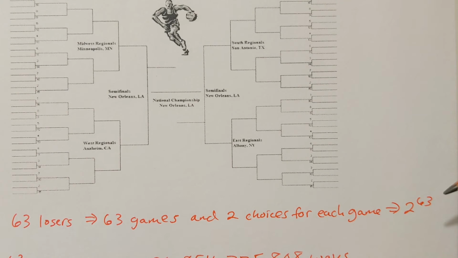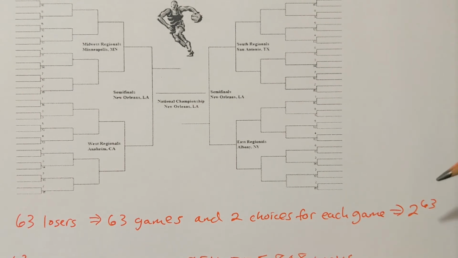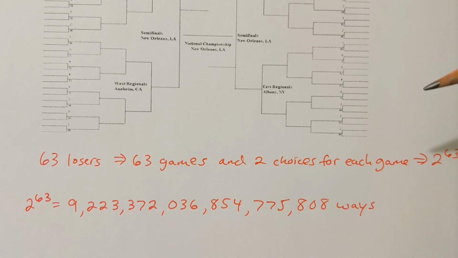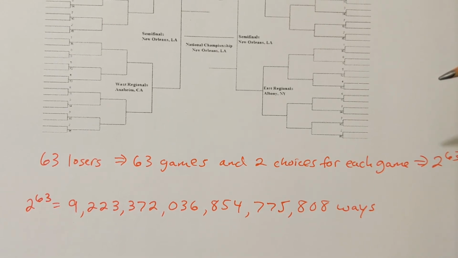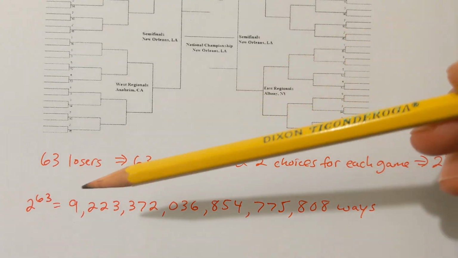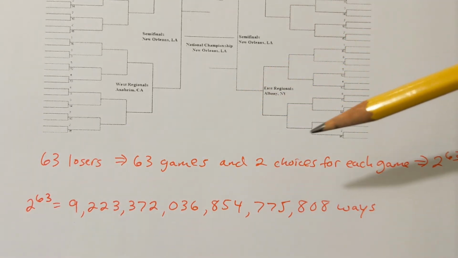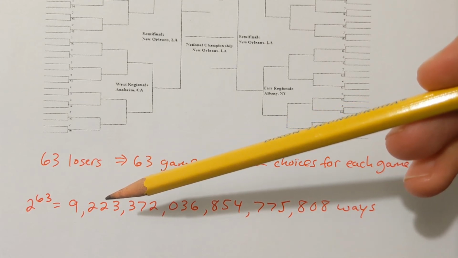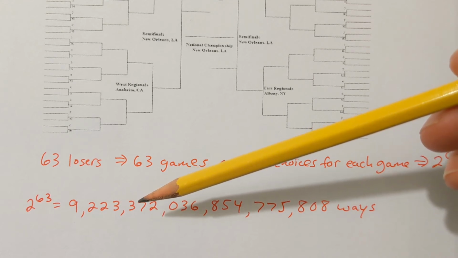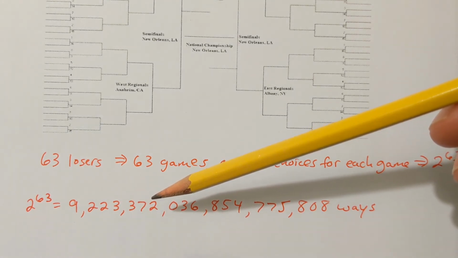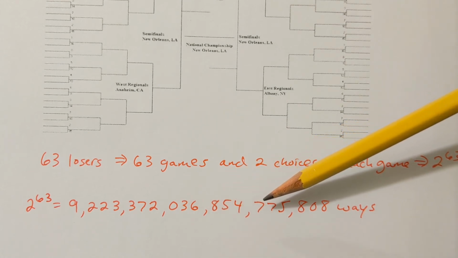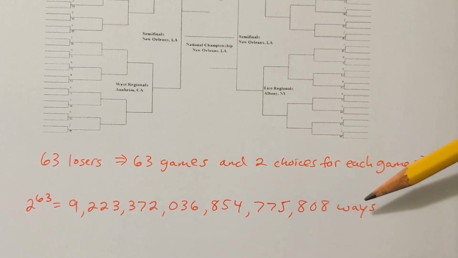So team A wins or team B wins 63 times. If you were to calculate 2 to the 63rd power, which I'm quite sure that your calculator will not do, but anyway, I had a computer do this. 2 to the 63rd power is 9 quintillion, 223 quadrillion, 372 trillion, 36 billion, 854 million, 775,808 ways.